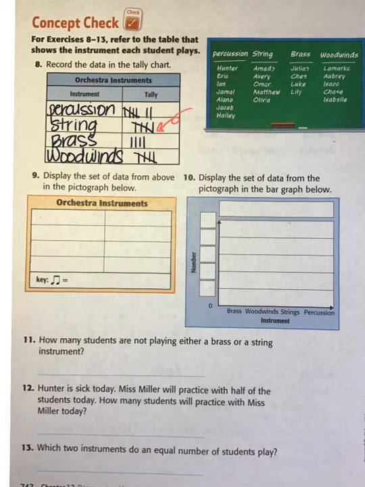So the next one, number 9, in this particular question, they're wanting us to use a pictograph. And all that you need to know about a pictograph is it just uses pictures instead of numbers. So for example, we're going to write the same thing that we did up on the tally chart.